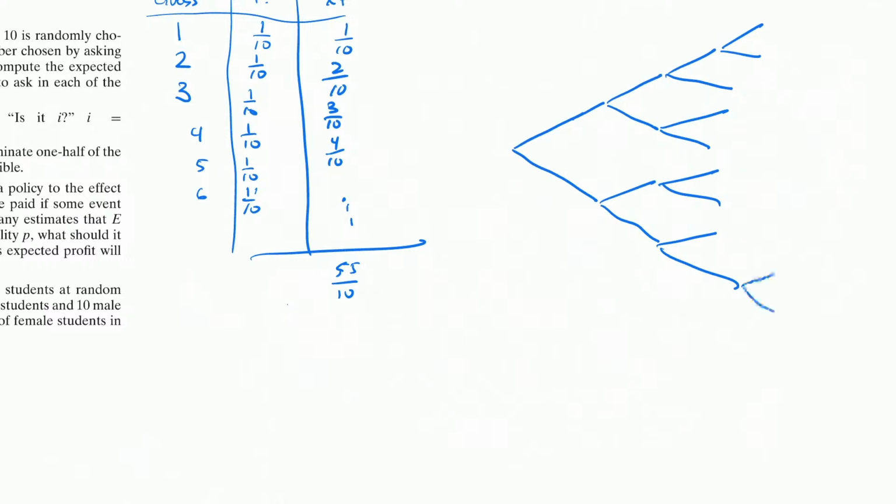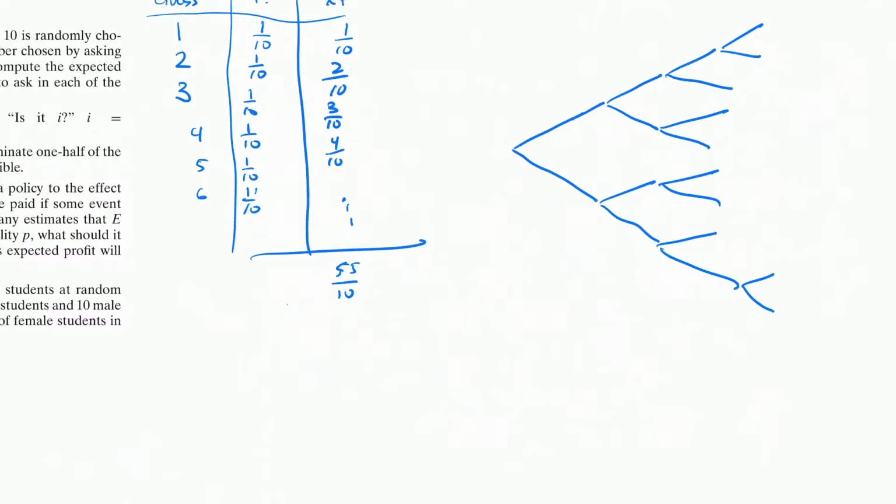Here we go. Okay, so here's how I would do this. Sorry, it's such a mess here, but I would first of all say, is the number greater than 5? So either it is greater than 5, which puts me on this branch, the 6, 7, 8, 9, 10, or it's not greater than 5, and this is the 1 through 5.